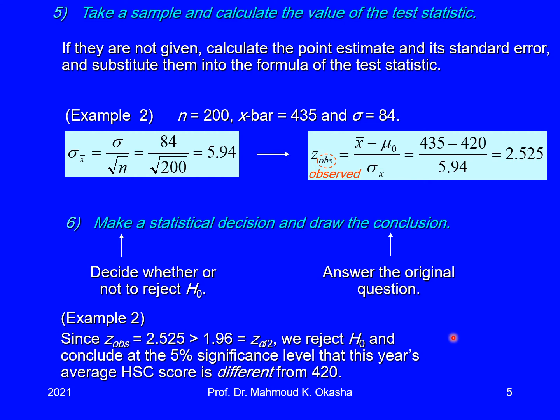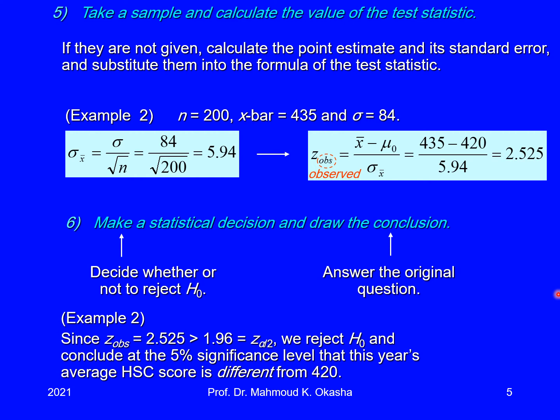So we reject H naught and conclude that at the 5% significance level, this year's average score is different from 420.